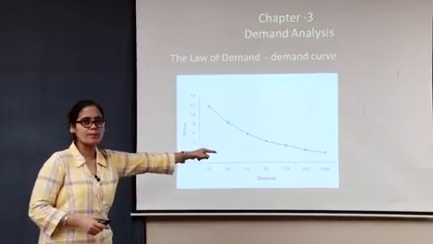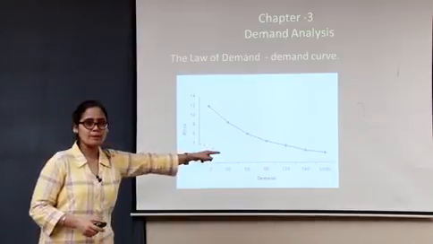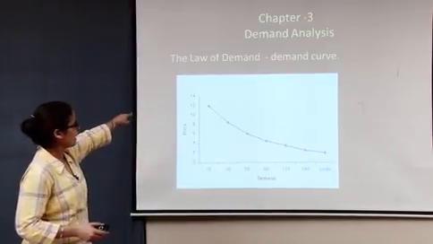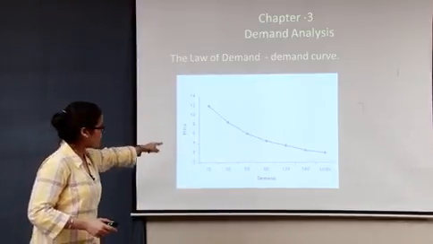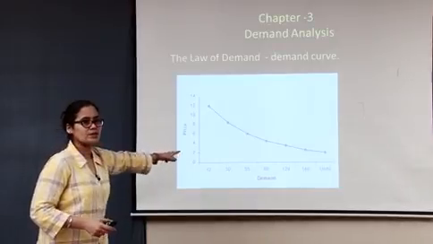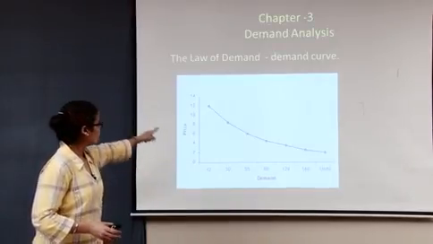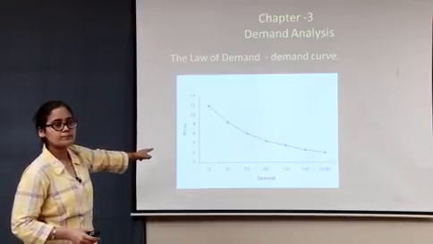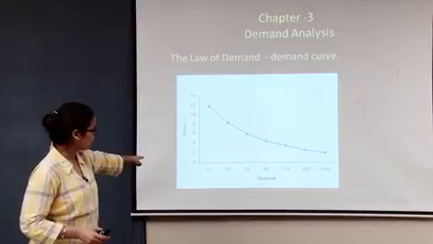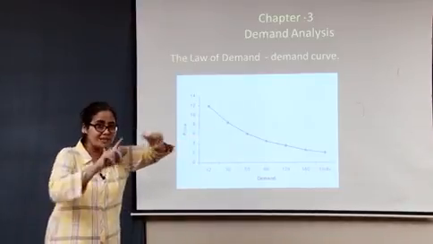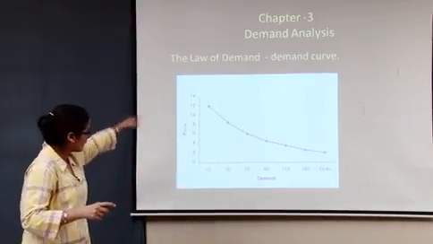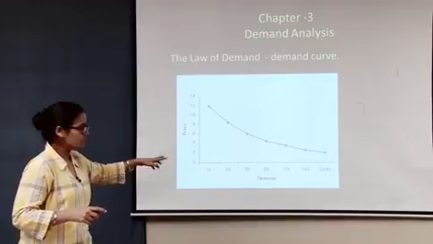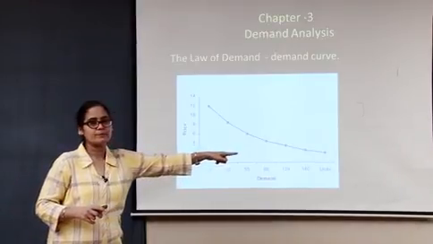It is downward sloping. Downward sloping means when the price is 12, the quantity is around 12 or 13 units. When the price starts falling from 12 to, let's say, 2, the quantity demanded moves to 140 units. It is inverse. When one variable is going down, the other variable is picking up.